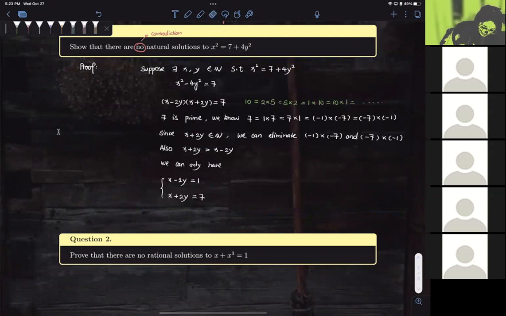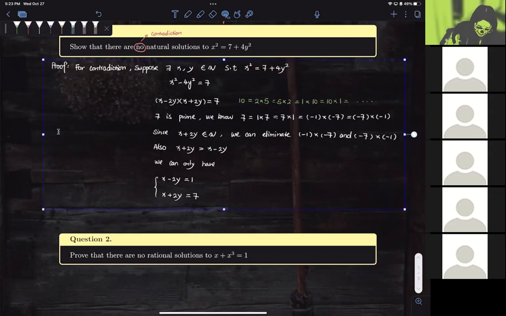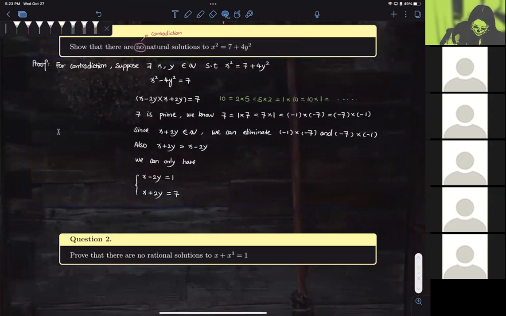So for contradiction, but it's not necessary because you can tell that it's a proof by contradiction. So you won't lose marks if you don't have it. That would be really harsh, because in that case, most of the profs would fail this course.